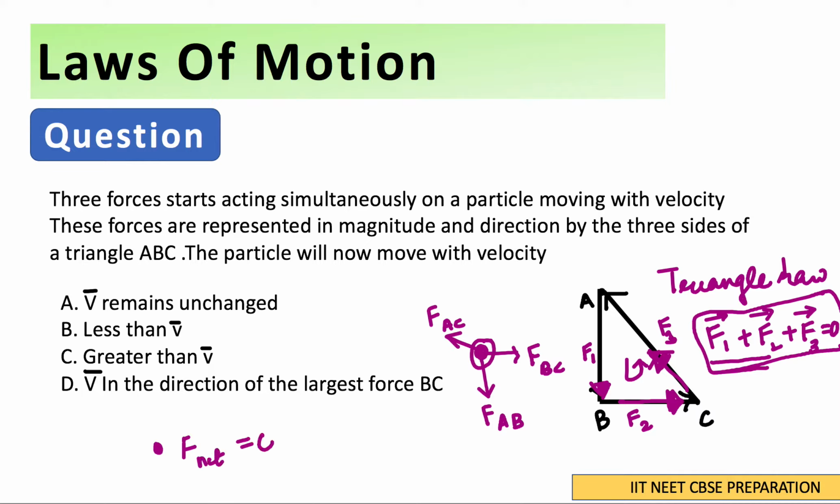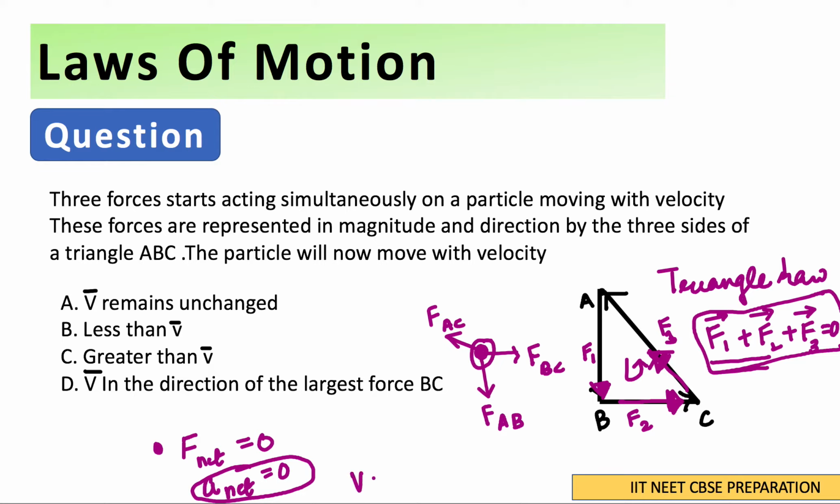If net force is 0, then what is the acceleration? Force is mass into acceleration. Mass cannot be 0, so the net acceleration will be 0, because force is mass into acceleration, and mass is not 0 means acceleration is 0. If there is no acceleration, then what will be the velocity?